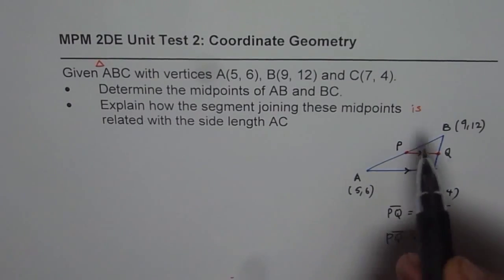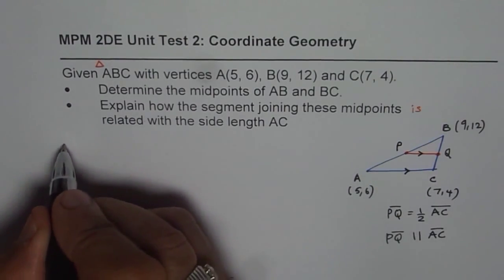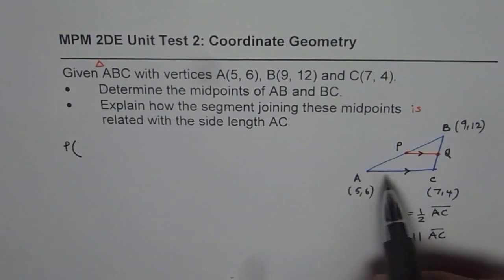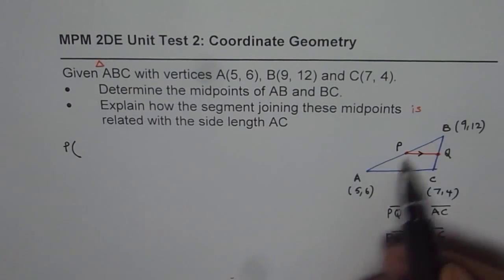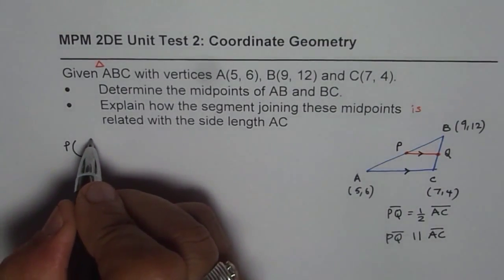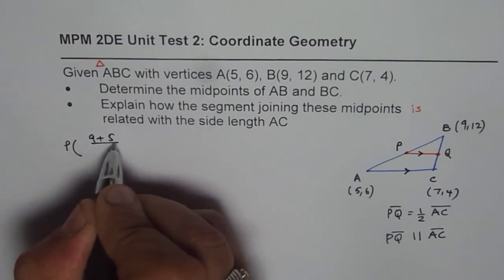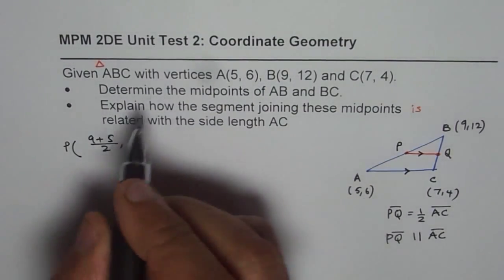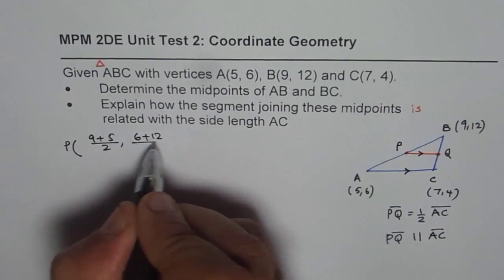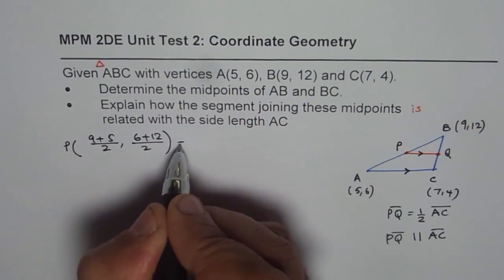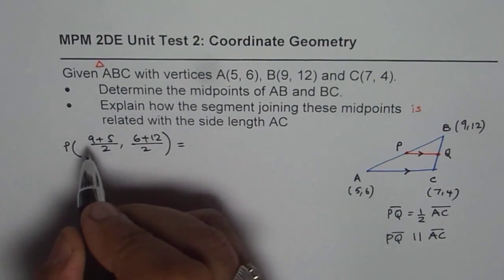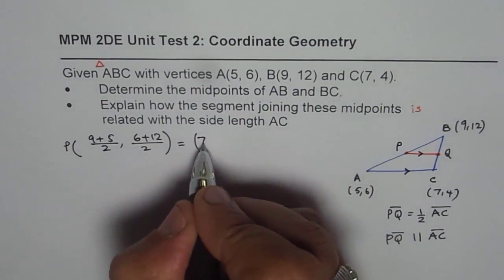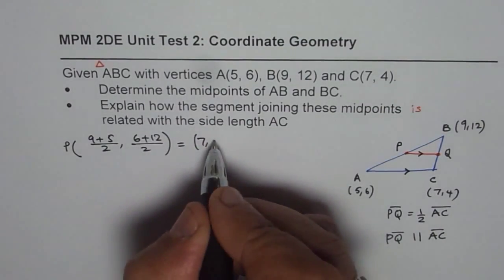Here is a shortcut method on this. So point P is the midpoint of AB. So we'll just take the average of x terms, which is 9 plus 5 divided by 2. The y's are 6 and 12, so 6 plus 12 divided by 2. 9 plus 5 is 14, so half of that is 7. 18 half is 9.